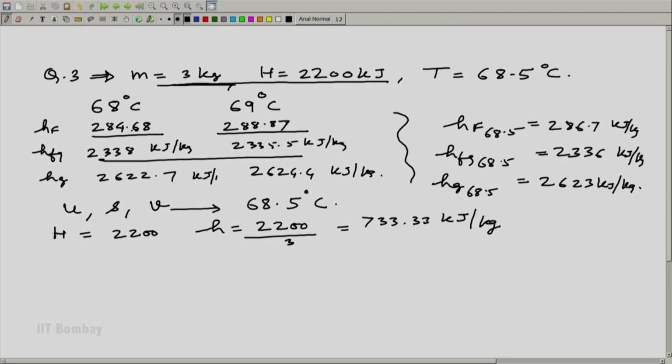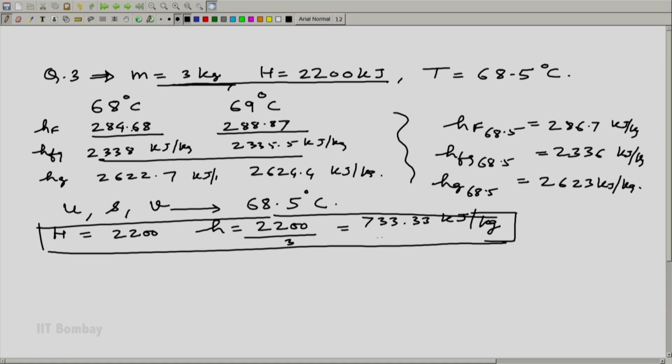It is very important to understand that the given values were not per kg, therefore we have to find the per kg value, which is 733.33 in this case. If I compare this H value with HF and Hg, we understand that HF is less than H less than Hg.